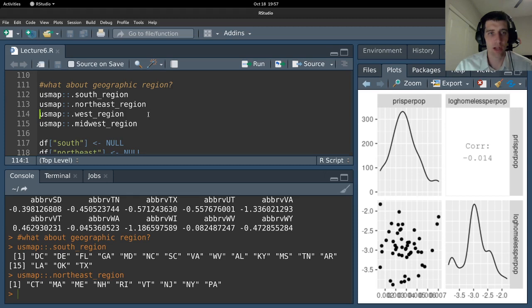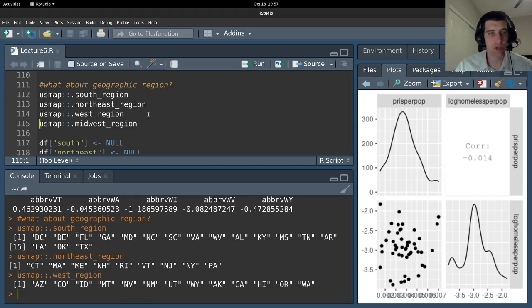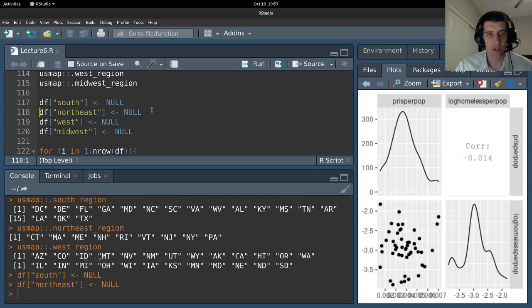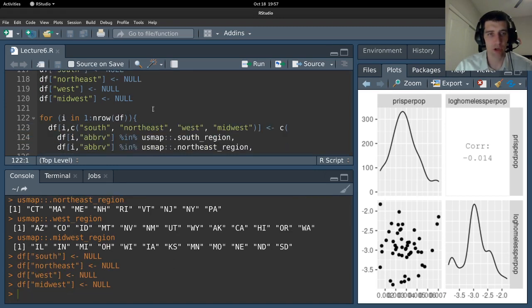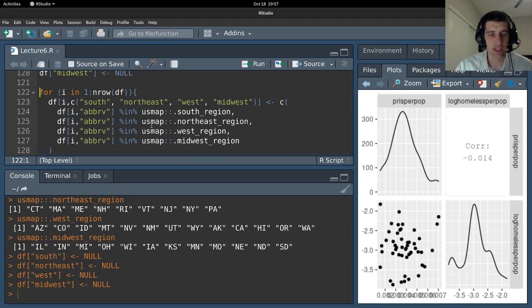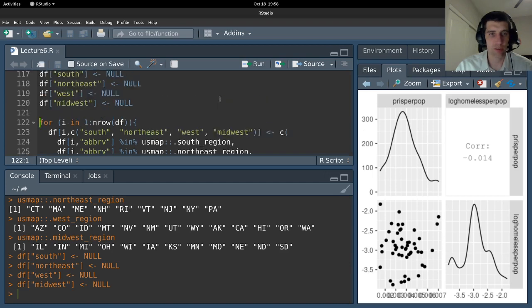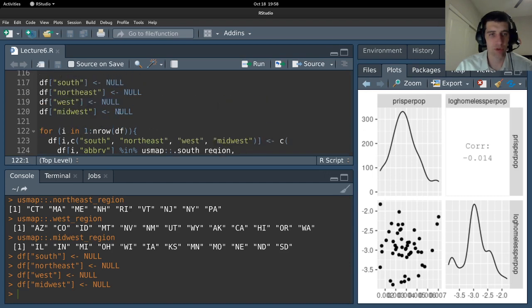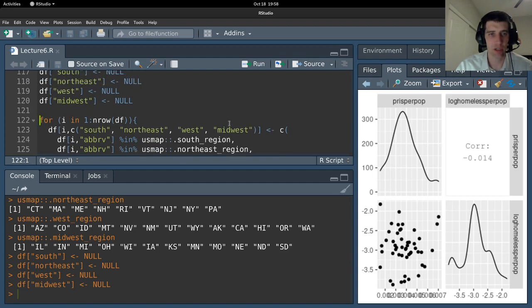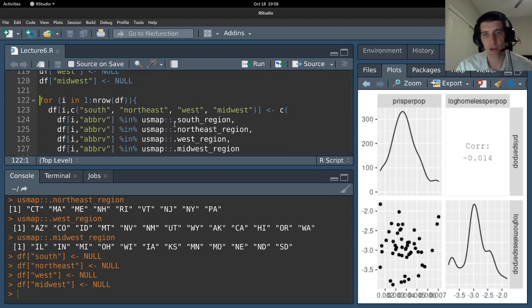What I'm going to do is use all these regions to define new columns. I define all these columns, set them to null, and then loop through and say if the state is in these different regions, then set it equal to true. True in R is treated as a 1 and false as a 0, so these are binary predictors.